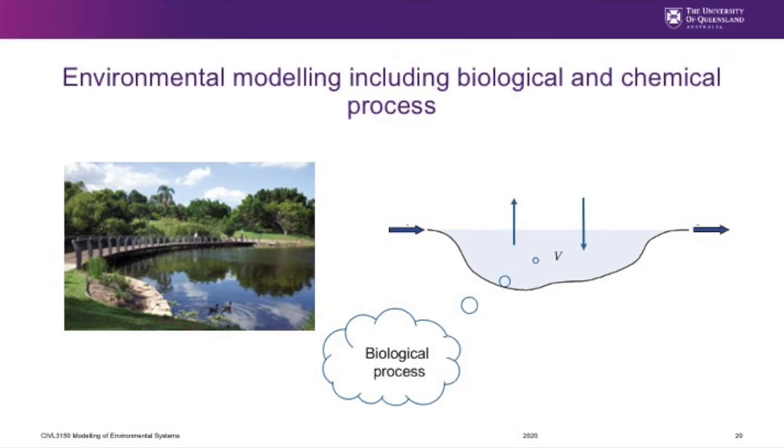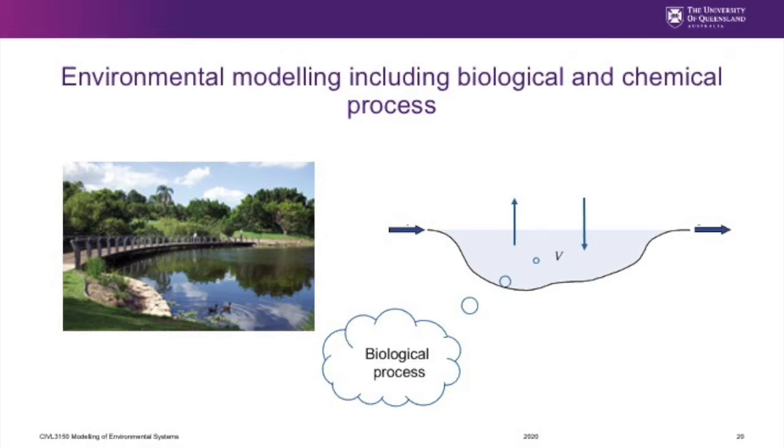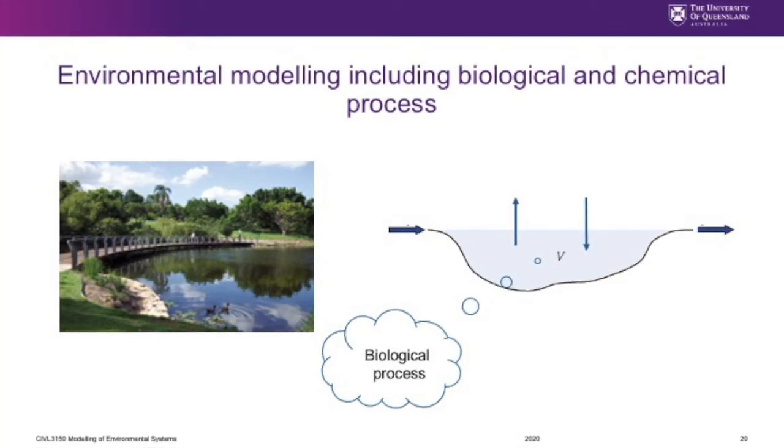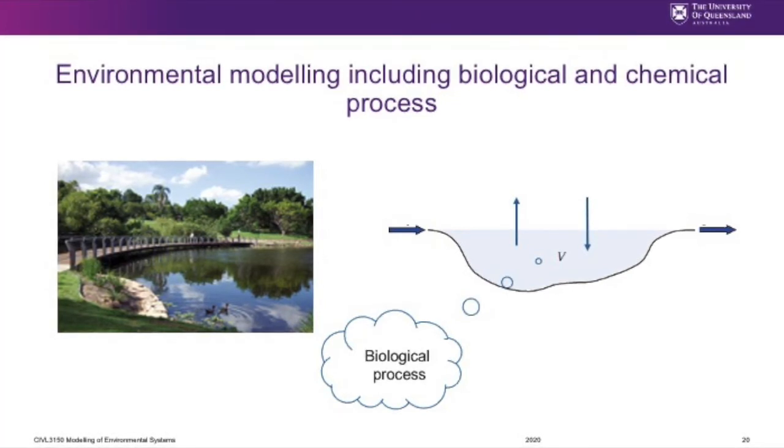Our focus is to describe how this process is included in the system. So, for instance, we can think about the lake at UQ, and we can think about the inflows and outflows affecting the system. Think about what would be an inflow affecting the system.